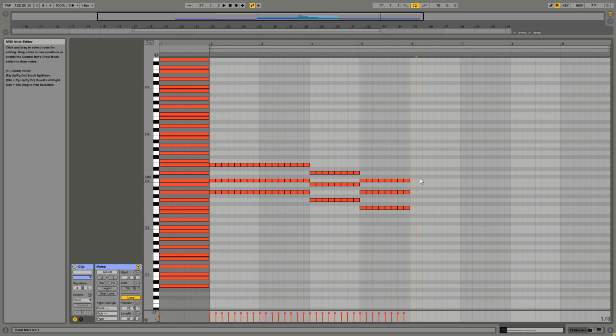So why not pick another chord? For example, a C major chord would be in the scale as well. You can see this chord is using only white notes, and this is the first, second, the third, fourth, and the fifth, okay? So let's listen.